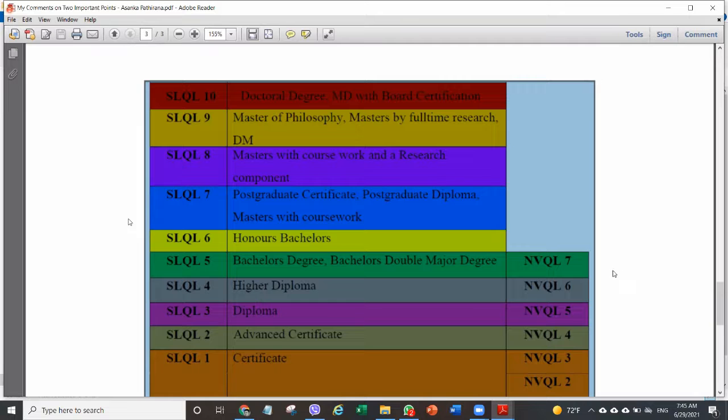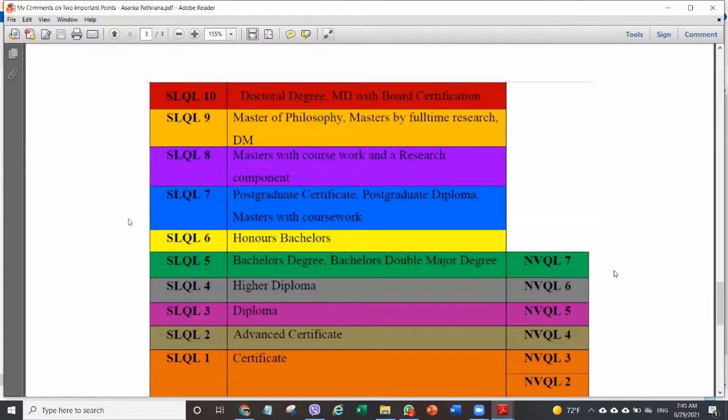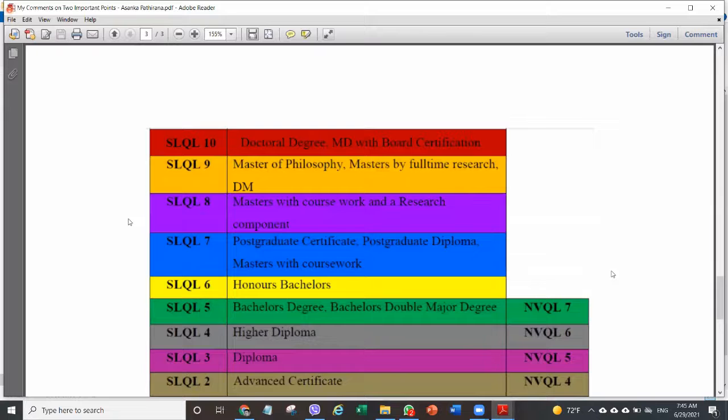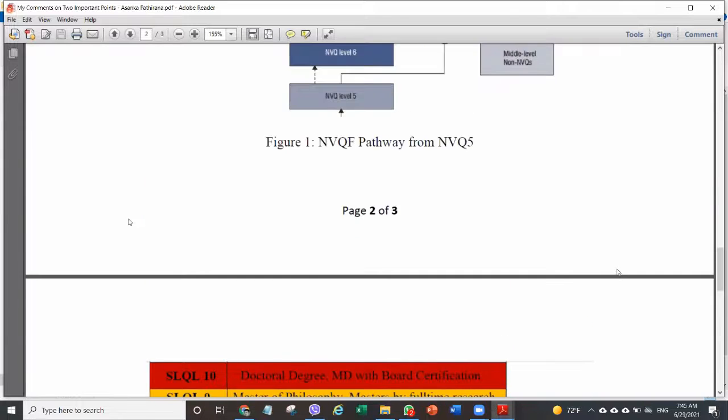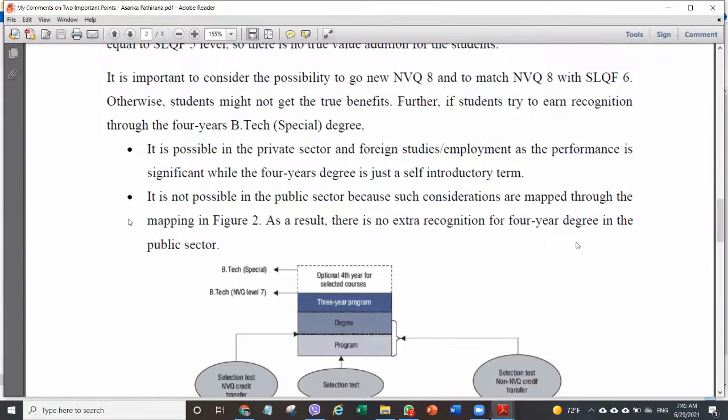So while we are developing the curriculum, I request, this is an official document I shared about my comments. I emphasize that it is possible in the private sector and foreign studies employment as the performance is significant.